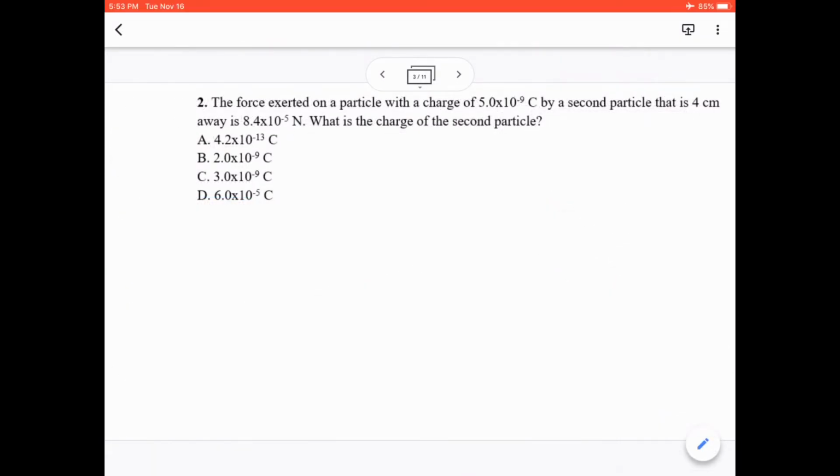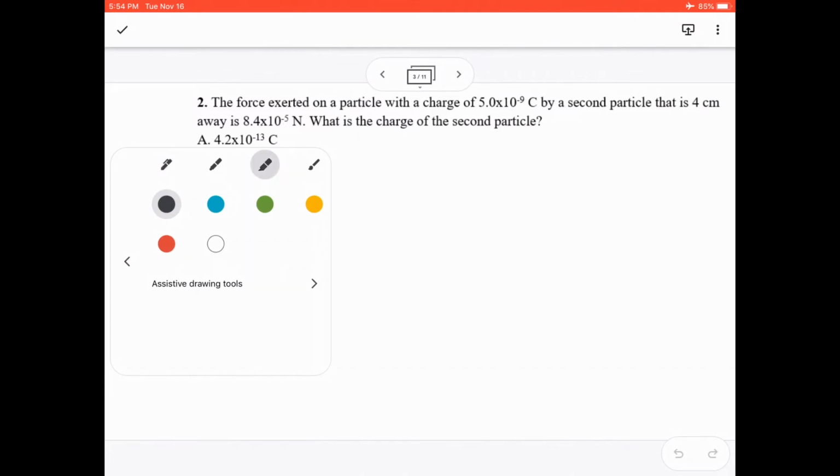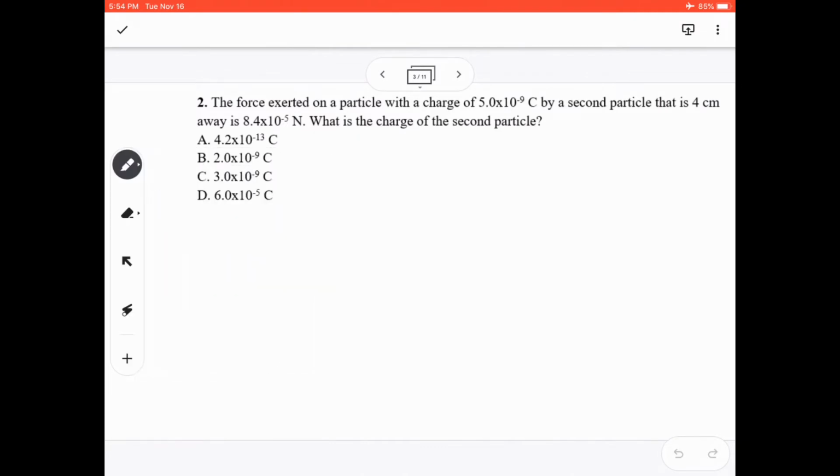Question 2. The force exerted on a particle with a charge of 5.0 times 10 raised to negative 9 coulomb by a second particle that is 4 centimeters away is 8.4 times 10 raised to negative 5 Newton. What is the charge of the second particle? In this problem, we are looking for the charge of the second particle.